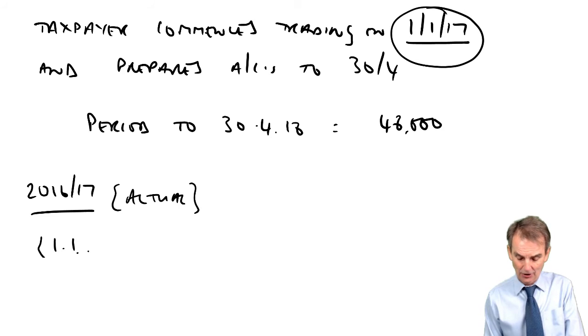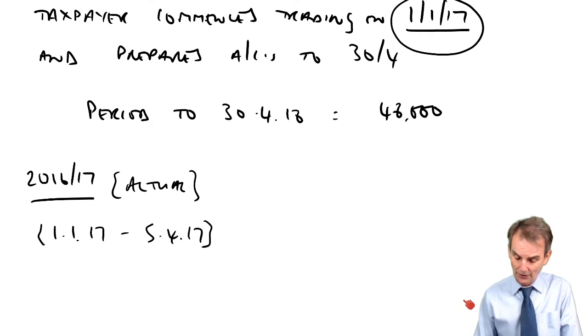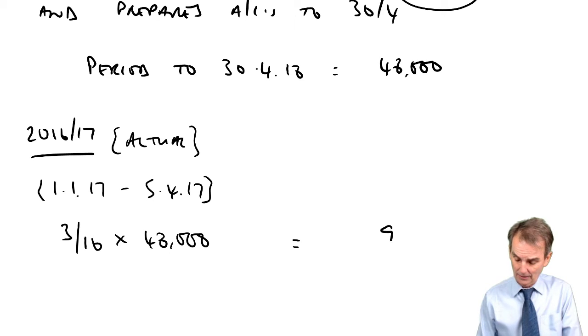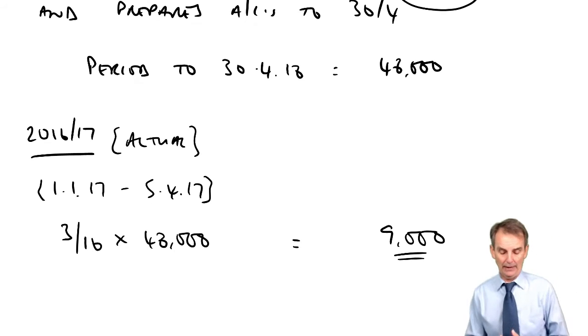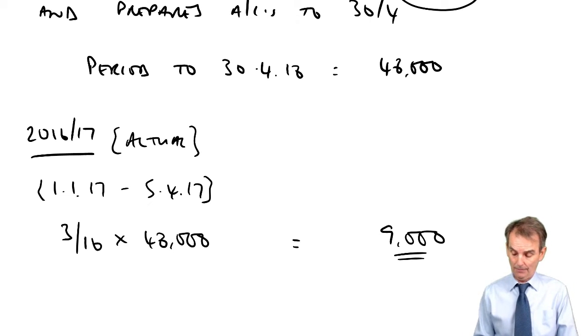Basis period, it hasn't changed, 1st of January 17 to the 5th of April 17. That hasn't changed, that is still 3 months. And therefore, we will take 3 months out of what is now a 16-month period, 3/16 of 48,000, and that will be £9,000. Again, we kept that average profit level at £3,000 a month, so it's £9,000.